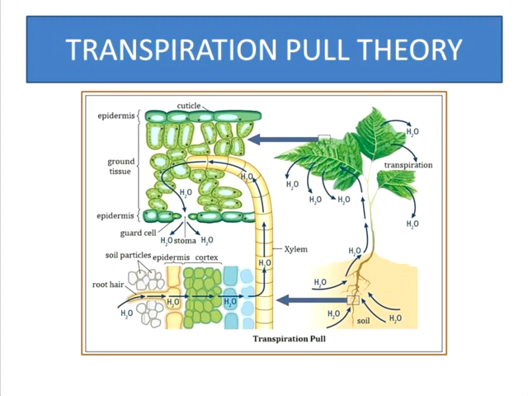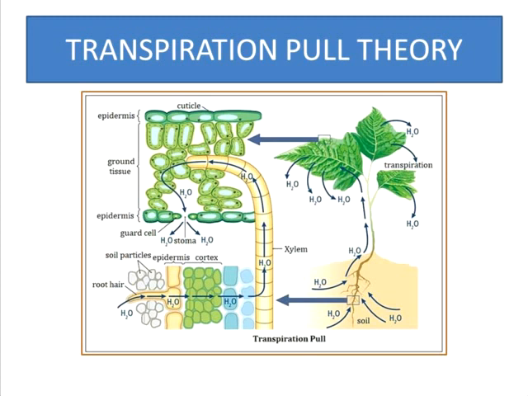So the tension created by transpiration, that is the transpiration pull, osmotic uptake of water by living cells and the hydration of cell walls get relieved by an upward movement of water.